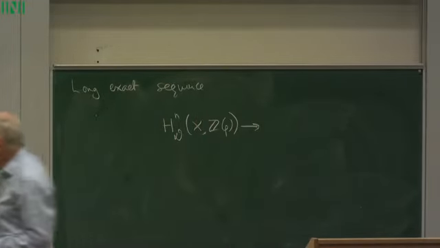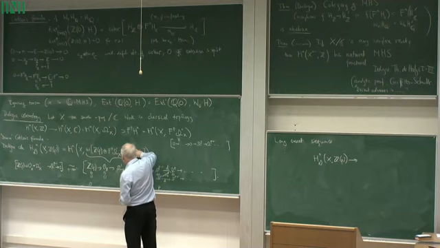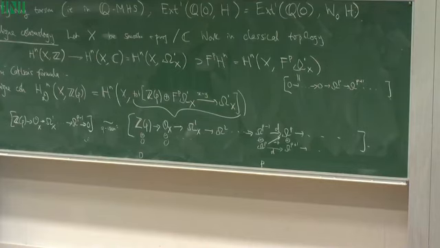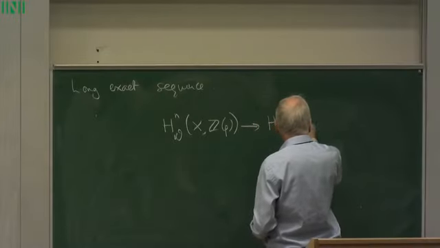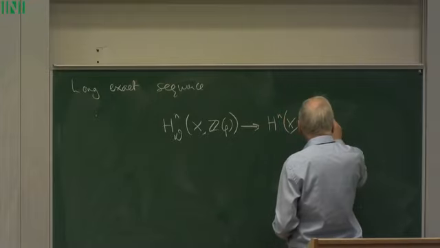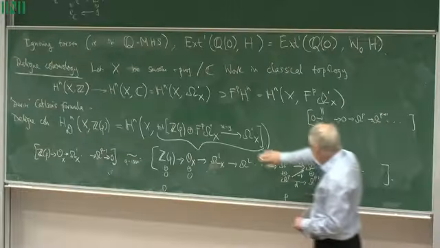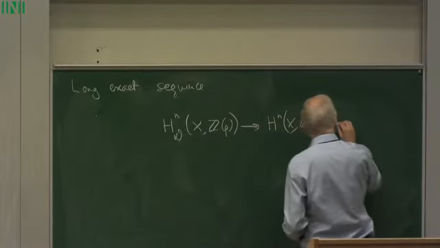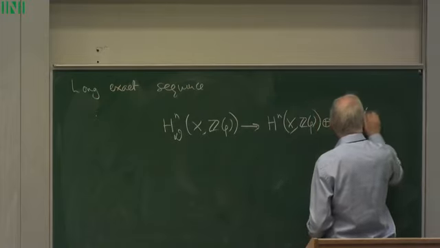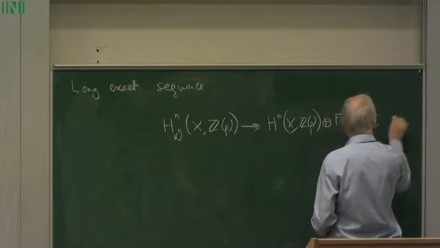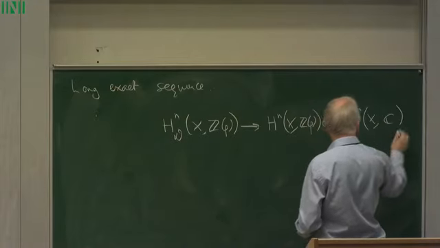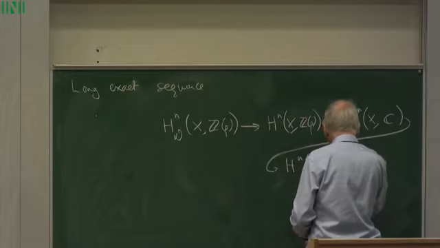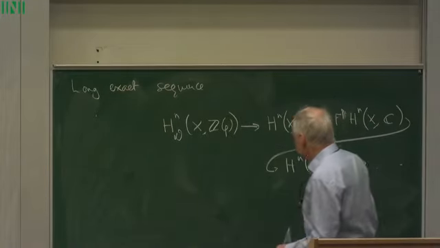That will map, just by forgetting about this, mapping this to 0, to the cohomology of this, which is just the sum of H^n of X with Z(p) coefficients plus the cohomology of this, which is just F^p of the H^n with complex coefficients. And then that continues, mapping into the H^n of X with complex coefficients and so on.